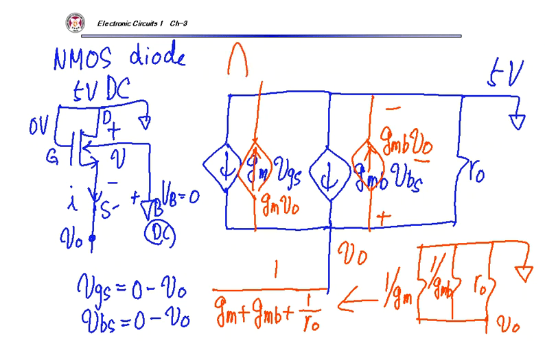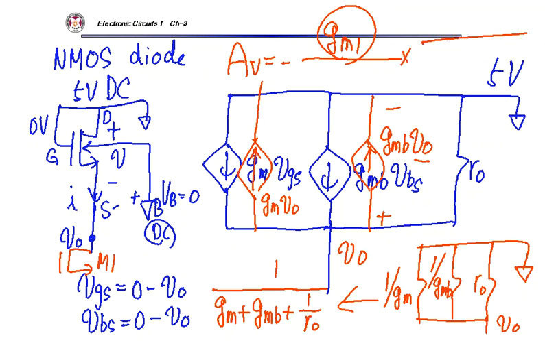Now my voltage gain. This is a driver transistor, so this is my transconductance of a driver transistor here. This is M1, okay? And there was a load. My GM1 times this thing. This is the load, right? This is GM2, GMB2, 1 over RO1, RO2.